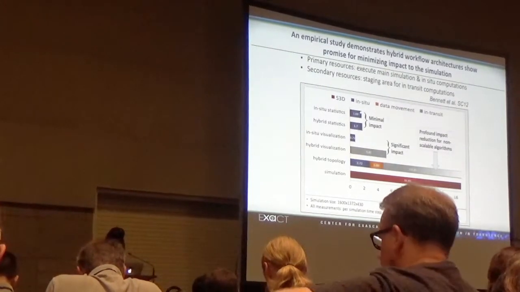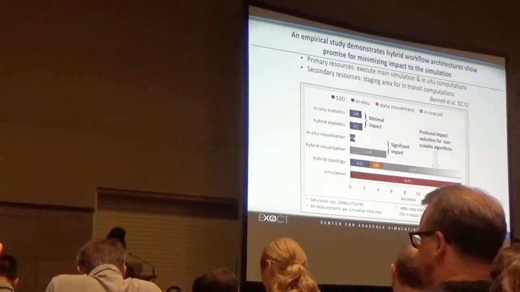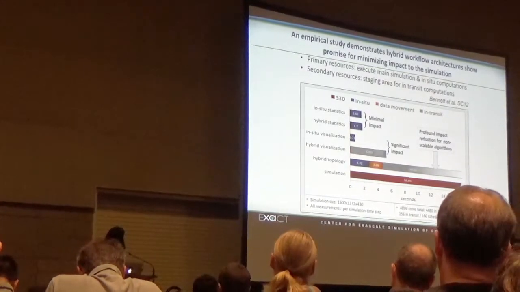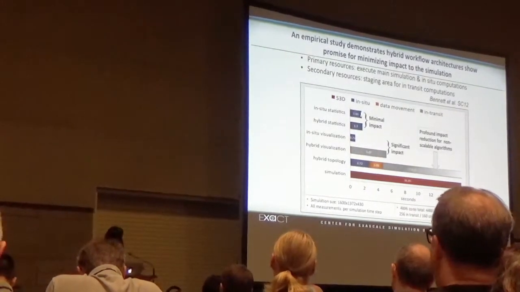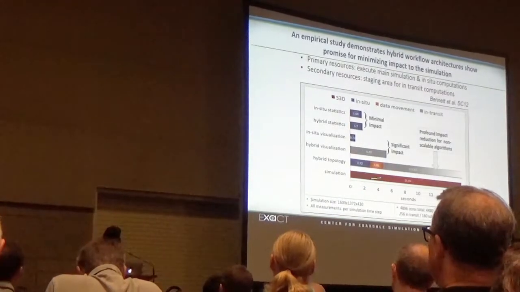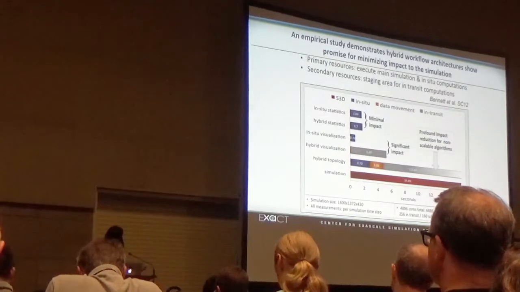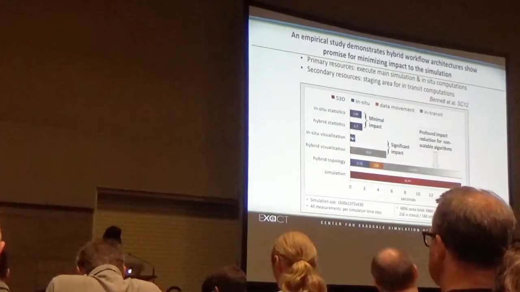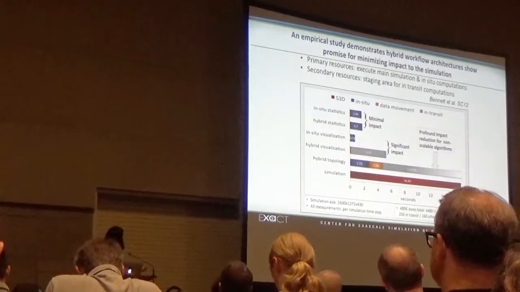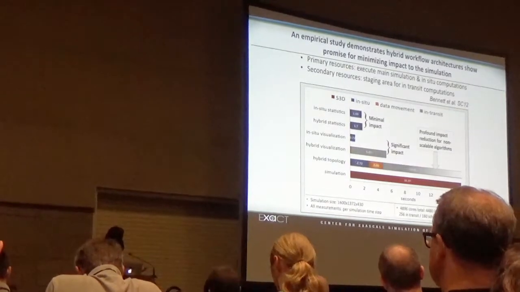And so when you look at the in-situ statistics and the visualization, these have minimal cost. These are units like a fraction of about 1/16 of the cost of a simulation time step. And so it's fine to keep most of those types of analysis and viz tools in situ on the same cores as the calculation.